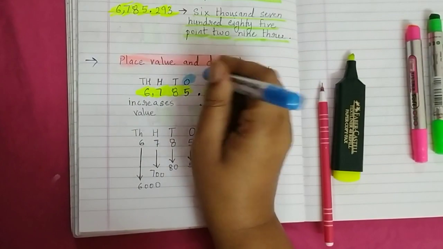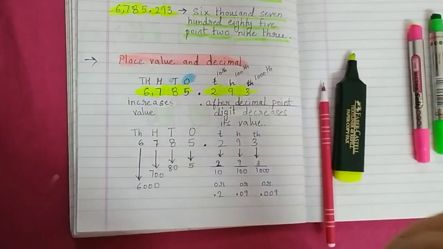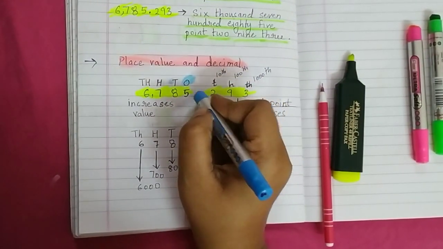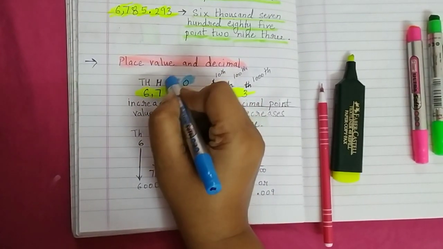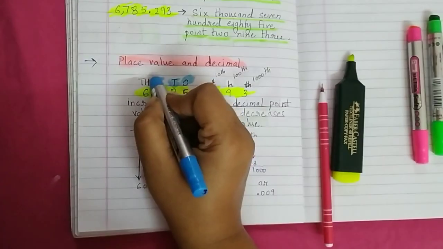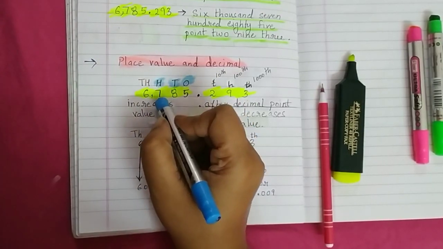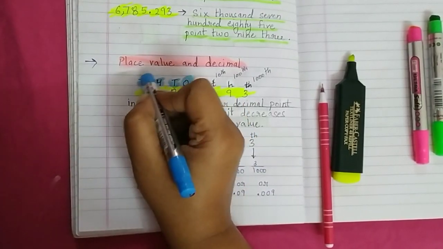It starts from ones. 5 is at ones place, 8 is at tens place, 7 is at hundreds place, and 6 is at thousands place.